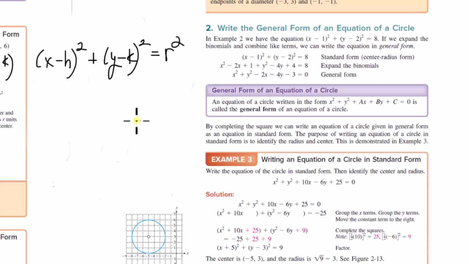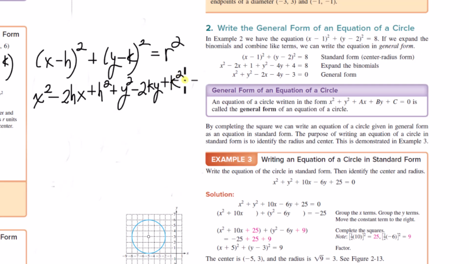Okay, so for example, let's do that here. If we expand out x minus h squared, what do we get? x squared minus hx is minus 2hx. Minus h times minus h is h squared. Okay, now we've got y squared minus ky is minus 2ky plus k squared is equal to r squared. Okay, now let's just bring everything to one side and group similar terms together.